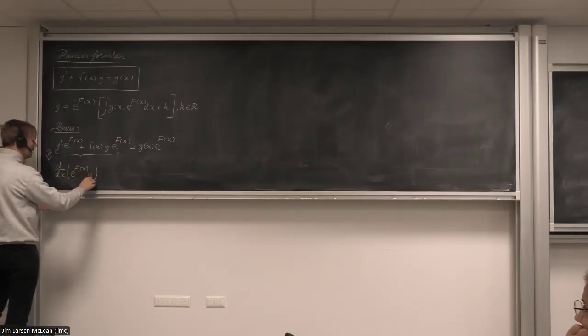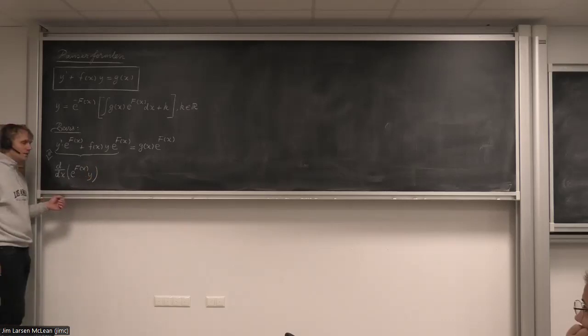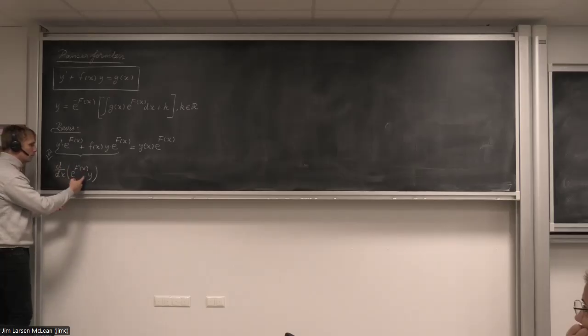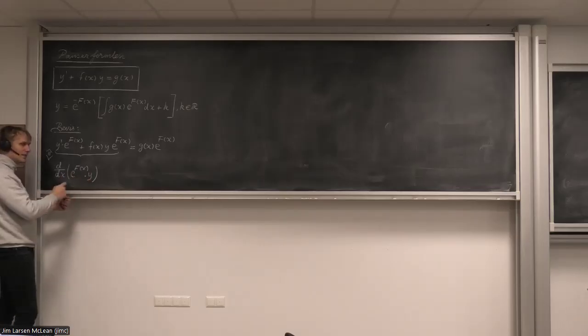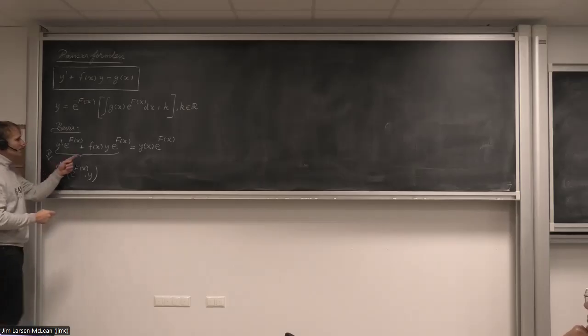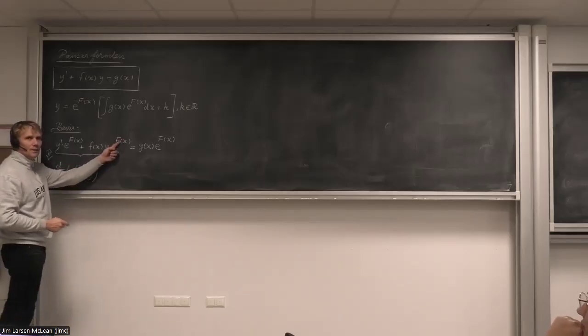I would like to explain: if I need to differentiate with respect to x a product of two functions, namely that function and that function, then I have to use the product rule. The product rule says that I differentiate the first factor times the second factor unchanged, plus the first factor unchanged times the second factor differentiated. So I need to differentiate e raised to the power F. That gives e to the power of capital F itself, but you have to remember that it's a composite function.